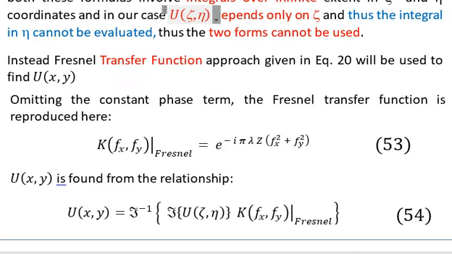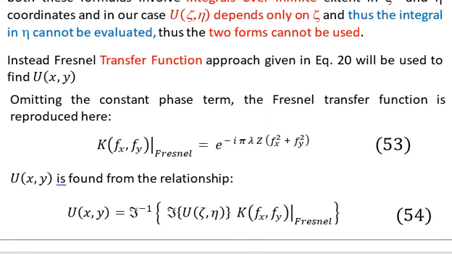So instead we are using the Fresnel transfer function approach given in equation number 22, which will be used to find u of x comma y. Omitting the constant phase term, the Fresnel transfer function is reproduced here in equation number 53.